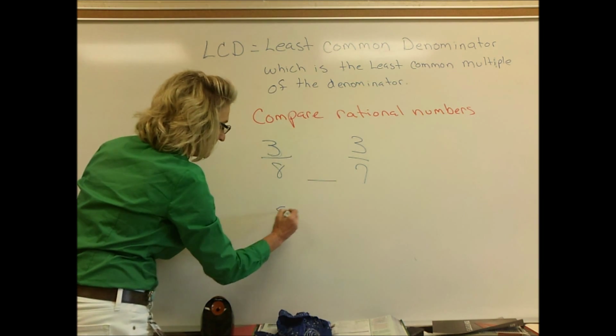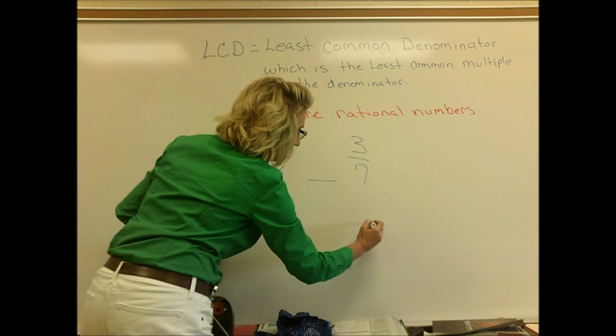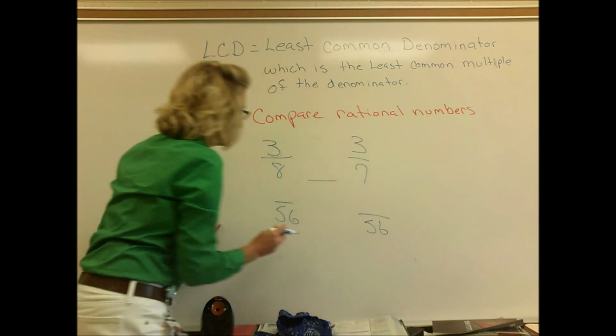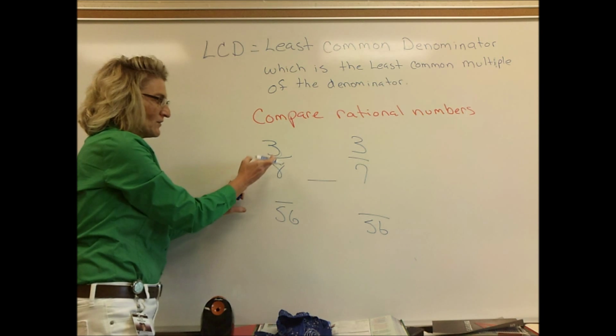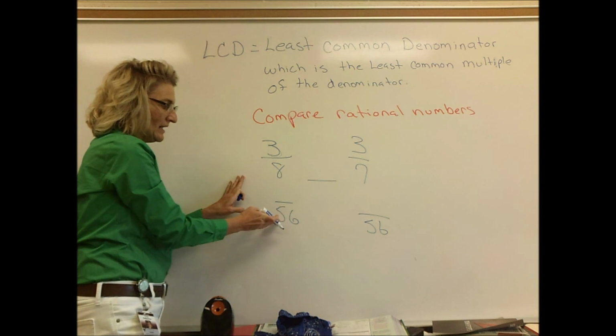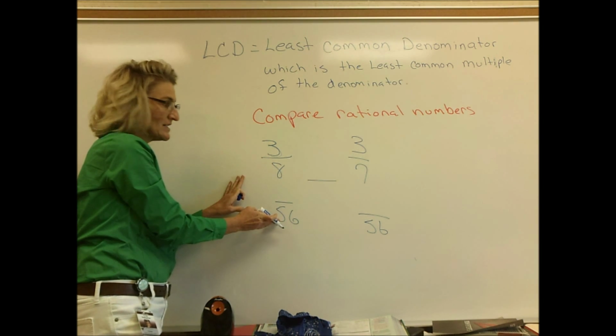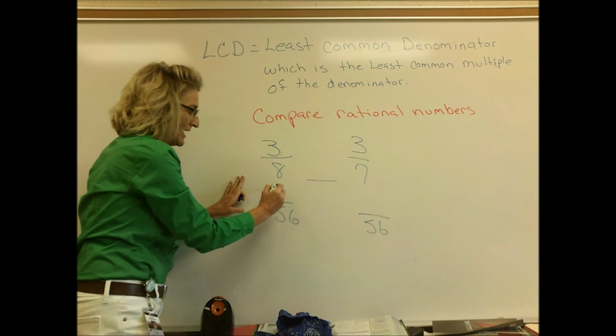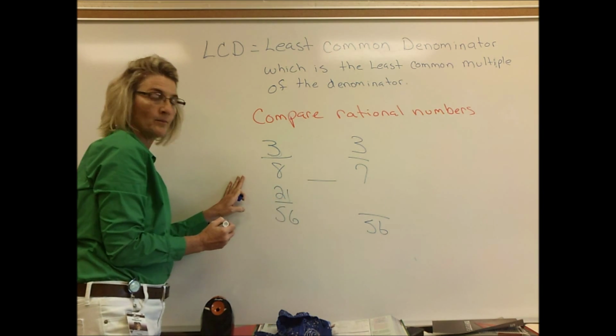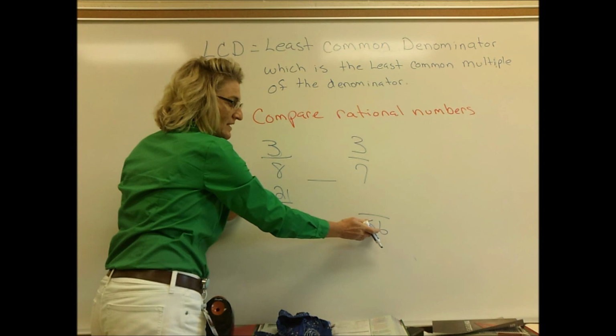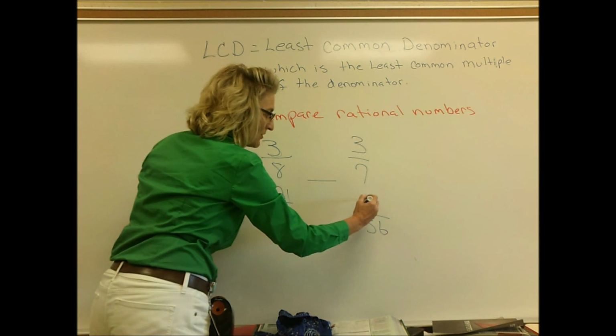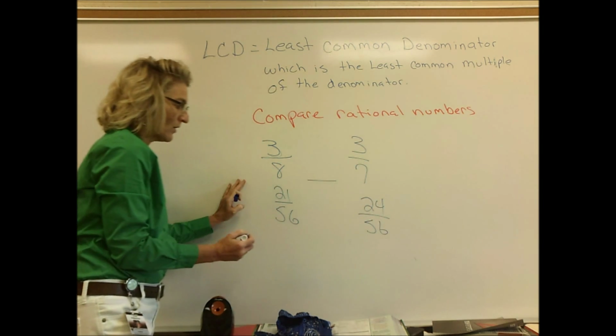So I'm going to make 56 and 56 here. So this is what I call, I just have to make equivalent fractions. 8 will go into 56 7 times. 7 times 3 is 21. 7 will go into 56 8 times. 8 times 3 is 24.